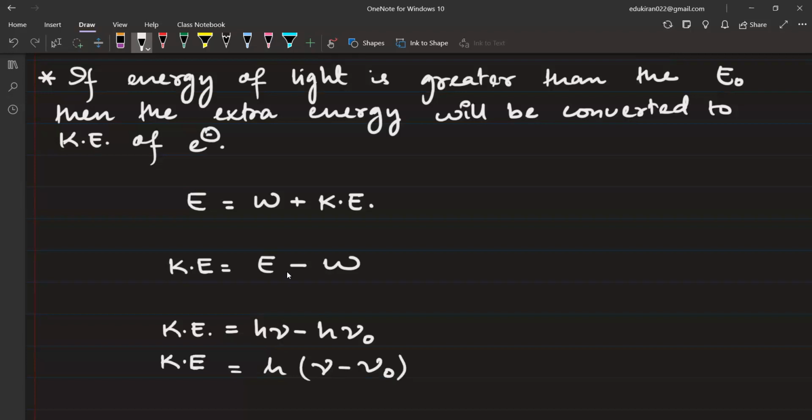Kinetic energy of the electron that is being ejected after photoelectric effect is equal to h multiplied by nu minus nu naught. Done everyone? Yes or no, please tell me.